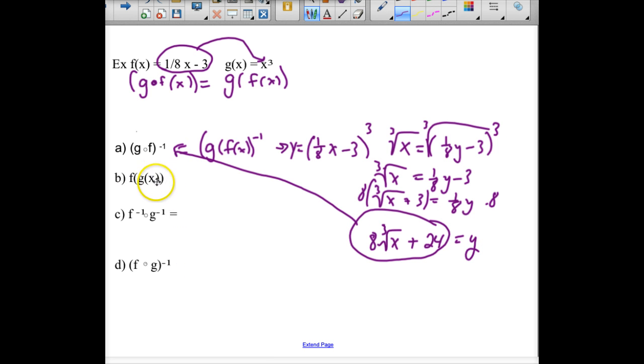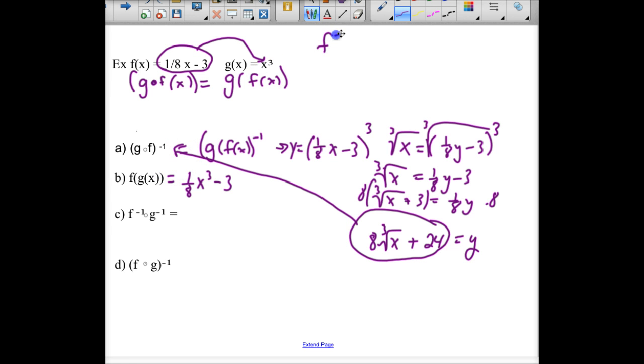f of g of x would be the f function with g inside it, so we're going to put that x cubed in place of x. So that's that. And then f inverse of g inverse, so we need the inverses of these two and put them inside of each other.